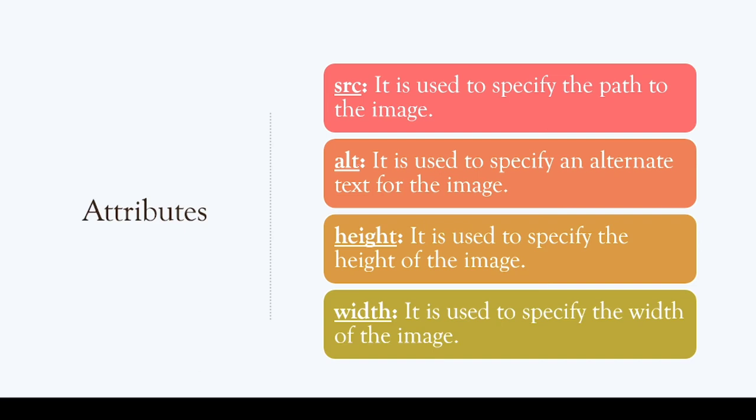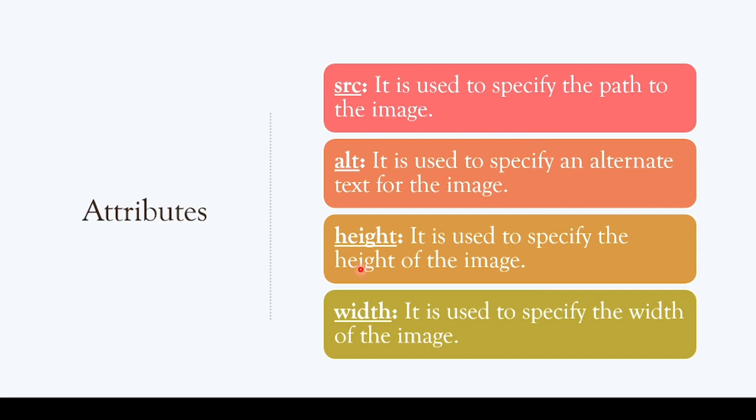First is src. Src is nothing but the path and the link of the image that we are going to display in our HTML page. And alt is the message if our browser does not support the image format or maybe there's an error, then this tells the viewer what type of image we are displaying.